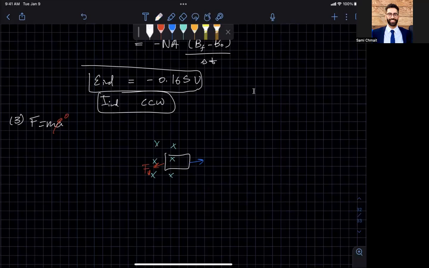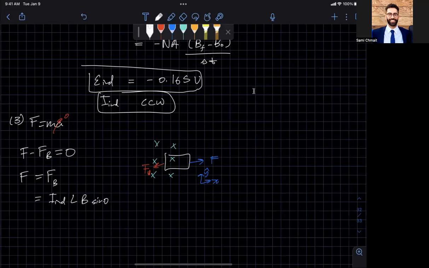Okay, so again, the forces we can define using a coordinate system. So the net F is equal to F_pull minus F_B, which is equal to 0. And we can solve now for the amount of force we'll need to equal the force being pulled to the right using the equation F_B equals I induced L B sine theta.